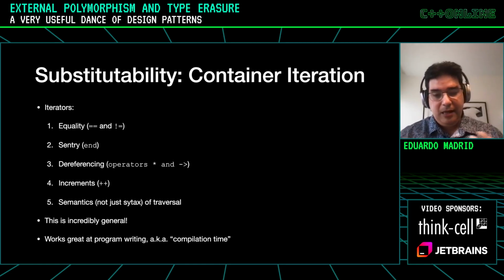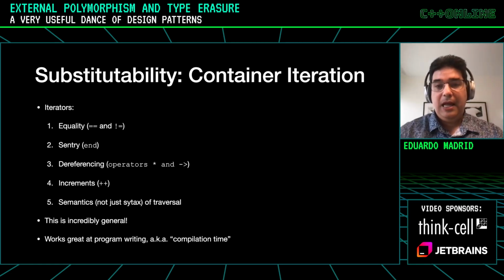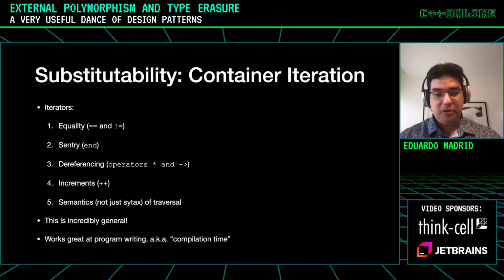Now that we saw the typical subclassing substitutability, it is very important for us to recover a different type of substitutability that is far more powerful. And I'm just going to introduce it to you through the example of a container iteration. So you can have iterators. And if you think about what we need in C++ to iterate over a container, it doesn't matter what the container is. You might want to have the equality and probably the difference operator.